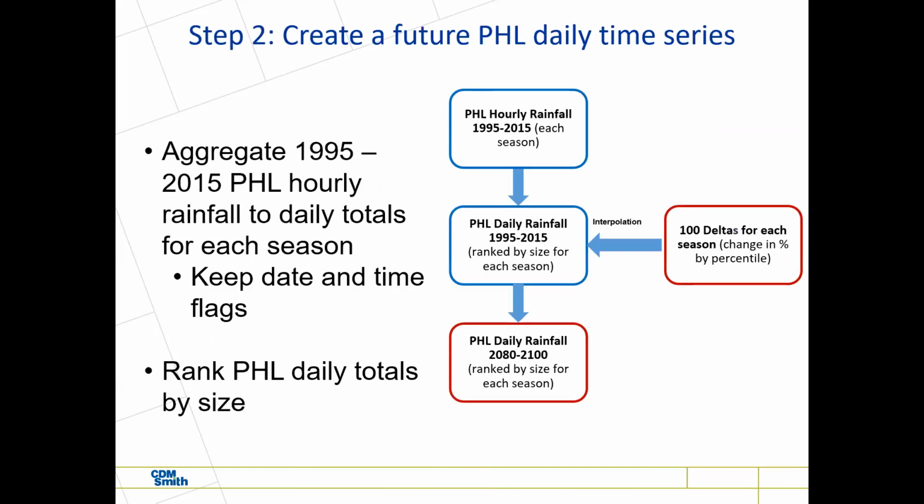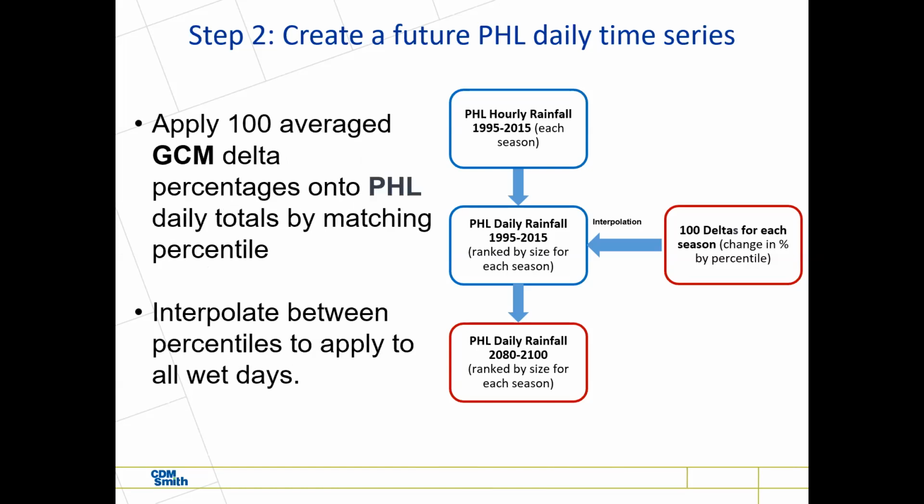So then the step 2, you go over to your rain gauge and you have hourly rain gauge. So you aggregate that up to daily totals so that you can match what the GCMs are doing. You keep the date and time because you're going to disaggregate them later on. Then you rank those daily totals by size the same way, and then you can apply the delta change factors by percentile.